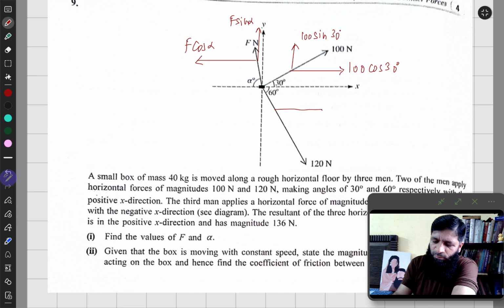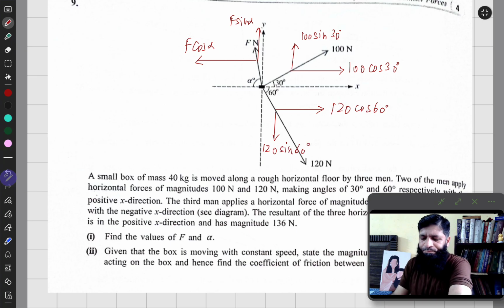And look at this force. This will be the horizontal component 120 cos 60, and the vertical component will be 120 sin 60.